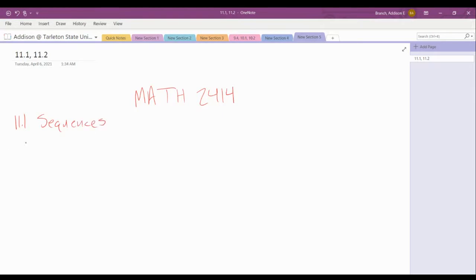All right, so first off, a sequence. The definition of a sequence is just a list of numbers with a definite order. And these can be listed out like in something such as this: a sub 1, a sub 2, a sub 3, a sub 4, and so on and so forth to a sub n.